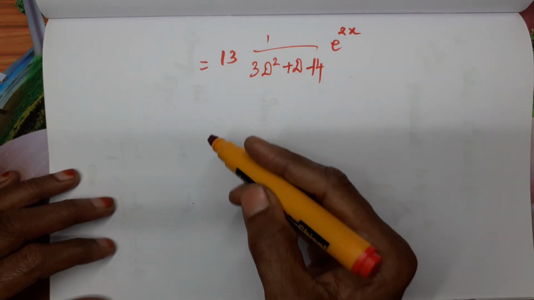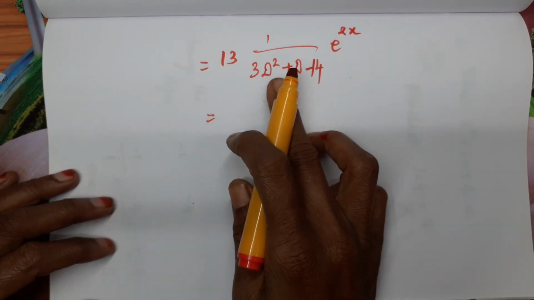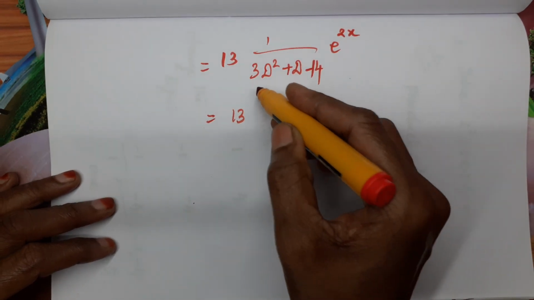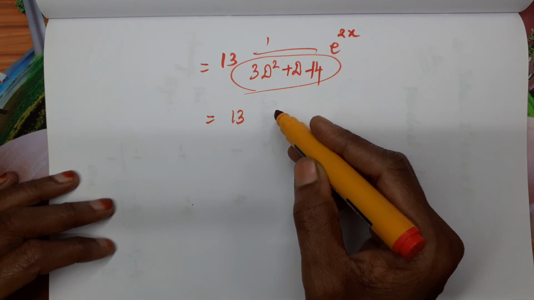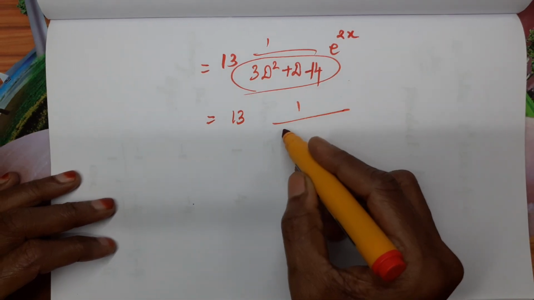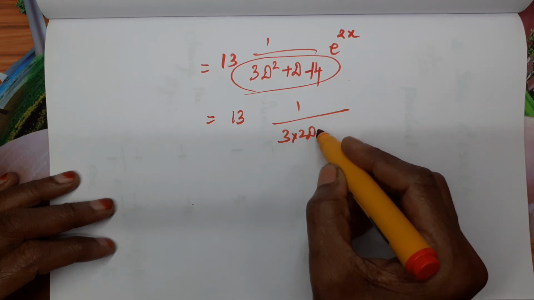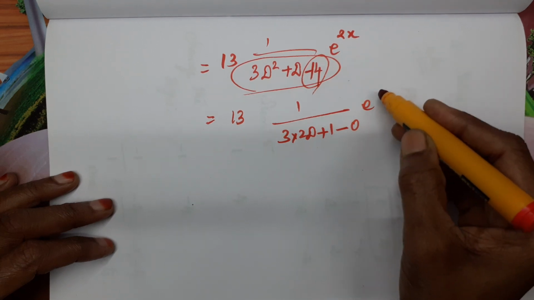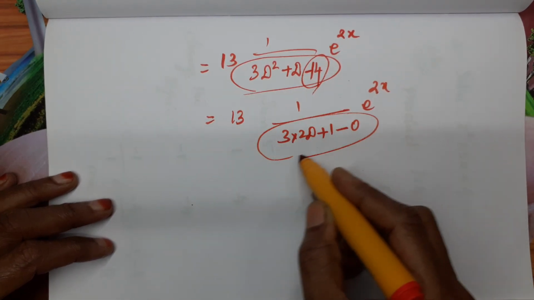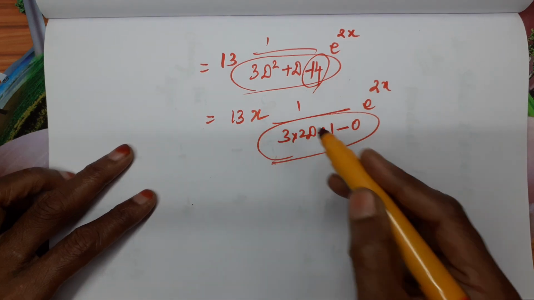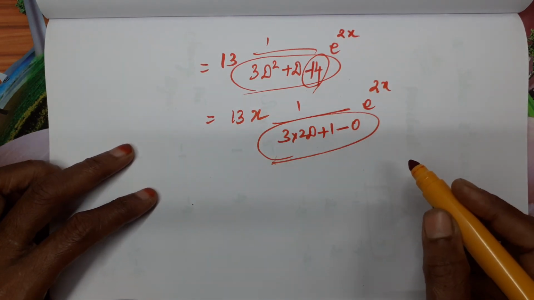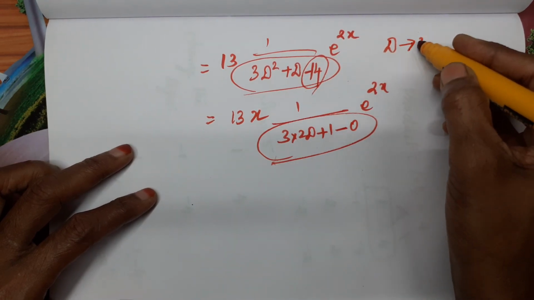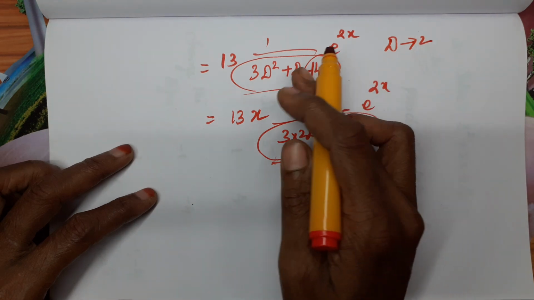From the beginning, we start with 13 into 1 by 3D squared plus D minus 14 e power 2x, which is equal to differentiating the denominator with respect to D. So 3 into 2D plus 1 minus, differentiating 14 gives 0, e power 2x. When you differentiate one time, we have to multiply by x. I repeat, since we get the denominator 0 when we replace D by 2, we start again from the beginning.